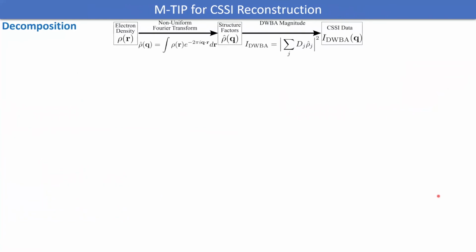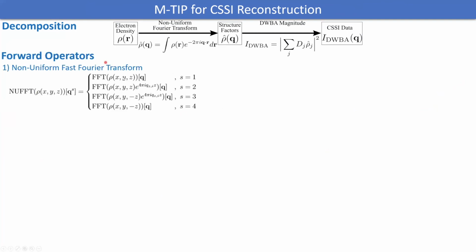So in this case, here's our problem decomposition relating the density to the data. And so we go through these operations. The first operation ends up being a non-uniform Fourier transform. It's technically non-uniform because even though you can express the first Born term on a grid, it turns out that the other translations and reflections you need for the other components actually take you off grid.